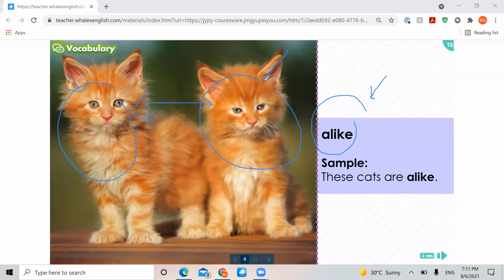That's right. And what color is this cat? You're right. They are both orange. They are alike. Can you think of 2 things that are alike? Great example.